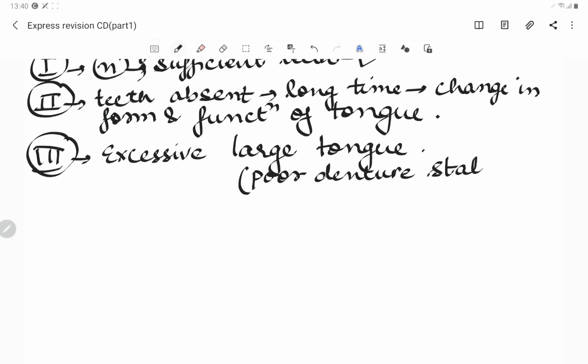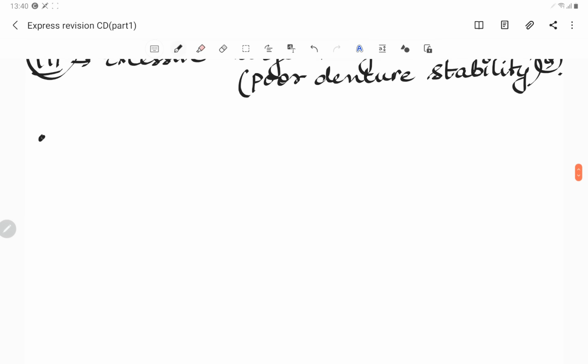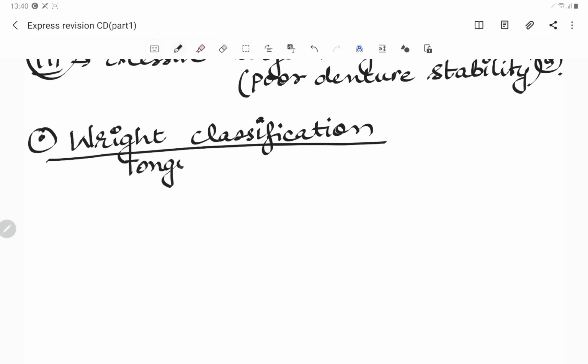It will not let the denture be stable in the mouth. Right. So, next one is our Wright classification, which is based on the position of the tongue. So, how the tongue is positioned? Tongue position.